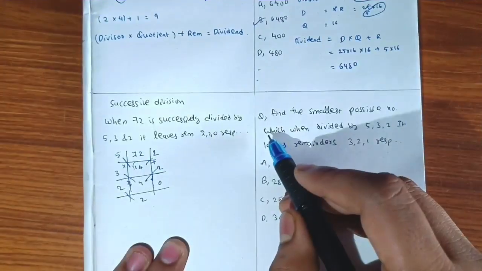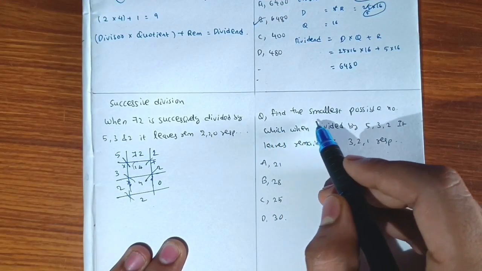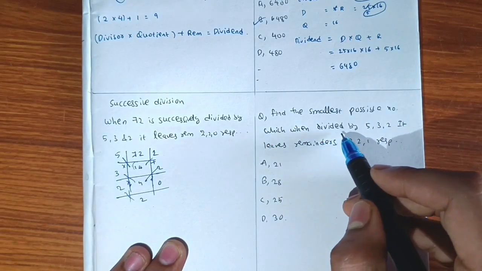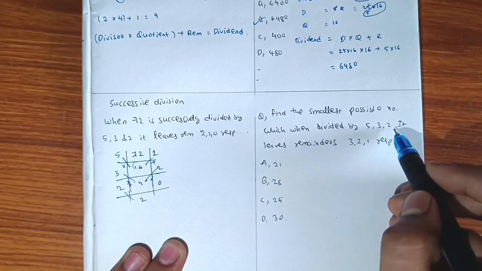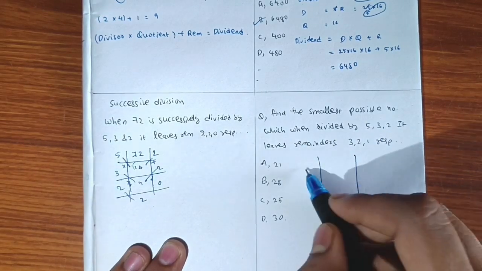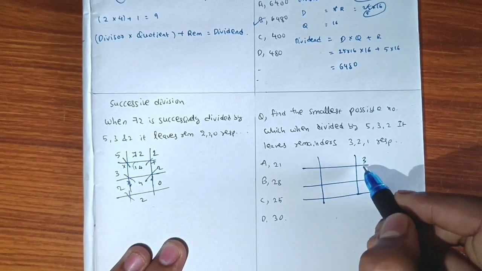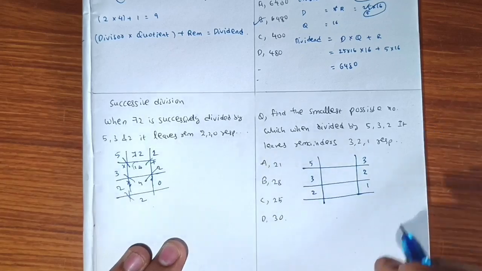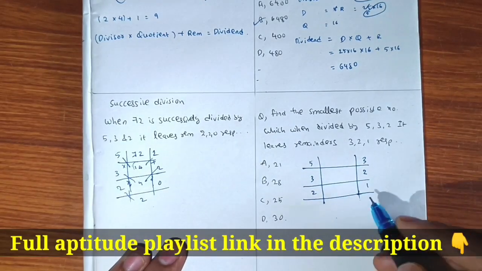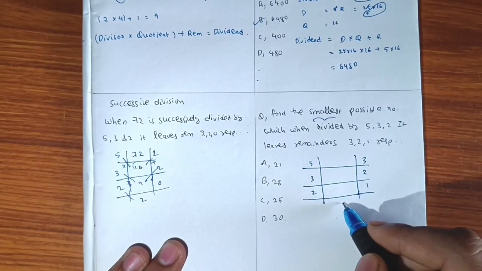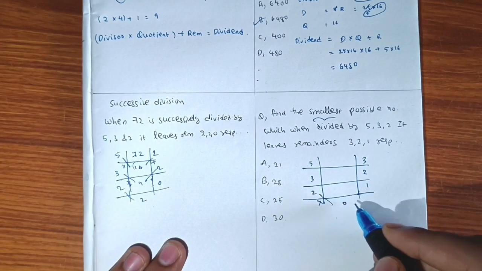Now let us find the answer to this question: find the smallest possible number which, when divided by 5, 3, 2, leaves remainders 3, 2, 1. If the question asks for the smallest possible number, you need to take the multiple as 0.